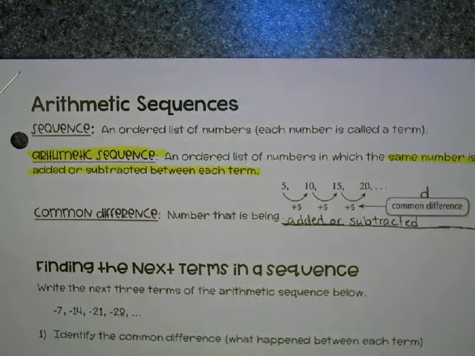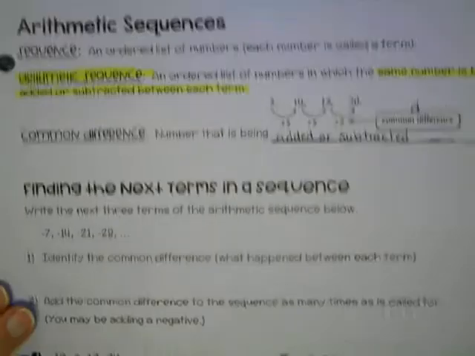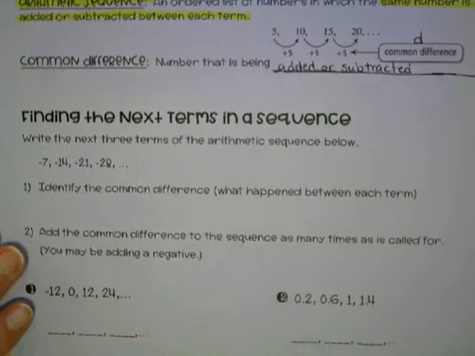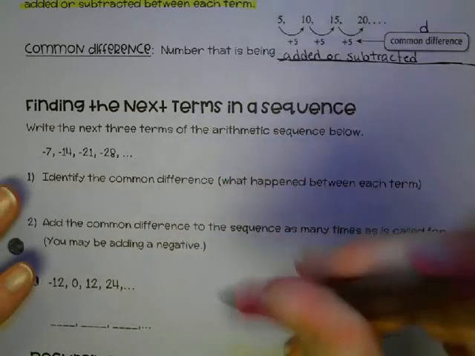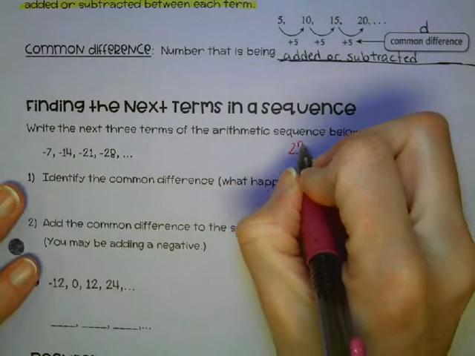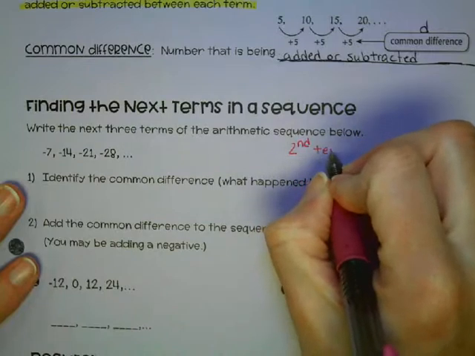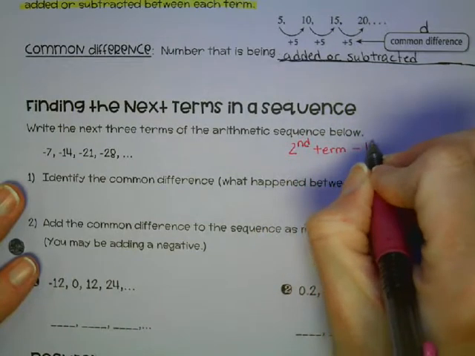Okay? So finding the next term in a sequence, we're going to be looking at patterns and seeing if we can figure out what will come next. So write the next 3 terms in the arithmetic sequence. To identify the common difference, what's happening between the numbers, we know it's being added or subtracted by something, so take the second term minus the first term.